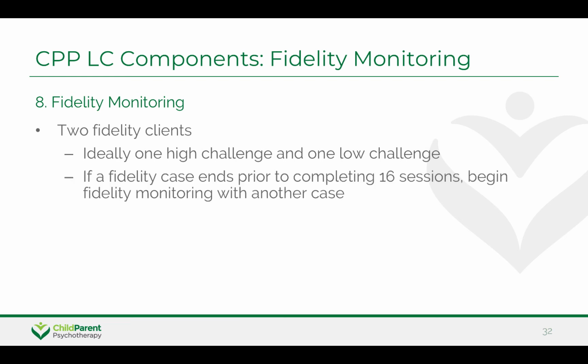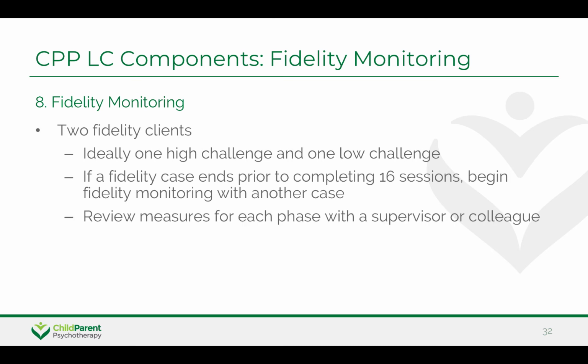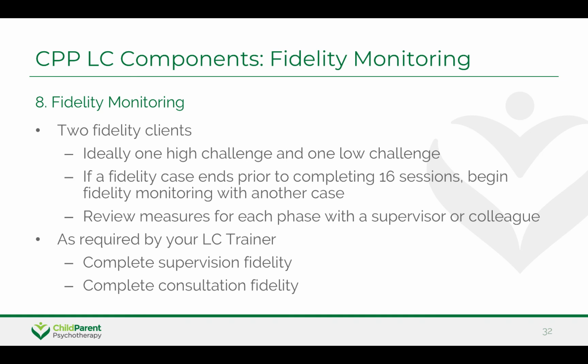If a fidelity case ends prior to completing 16 sessions, the therapist begins fidelity monitoring with another family. Monitoring fidelity involves filling out the measures and then reviewing them and thinking about them with a supervisor or colleague. As required and scheduled by the CPP trainer, participants complete CPP supervision and consultation fidelity instruments.